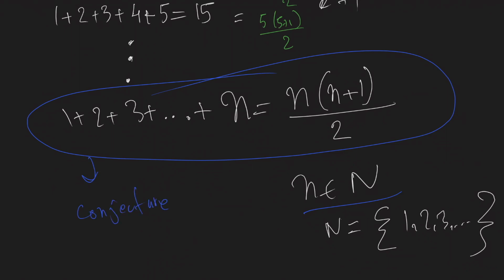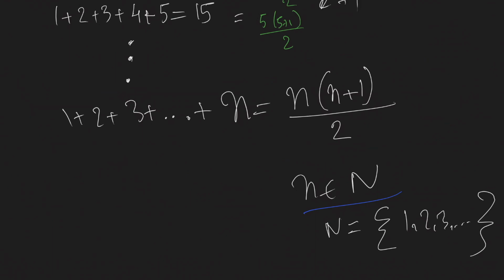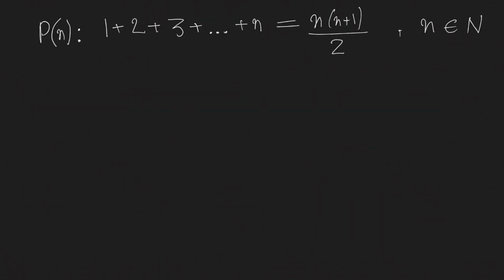Right? Now, we can prove this conjecture using deductive reasoning. So here's a conjecture that we produced using inductive reasoning. And now we're going to prove this using deductive reasoning. So how do we do that? Now remember that deductive reasoning is just when you have a bunch of statements, or even just a single statement, you assume that these statements are true.